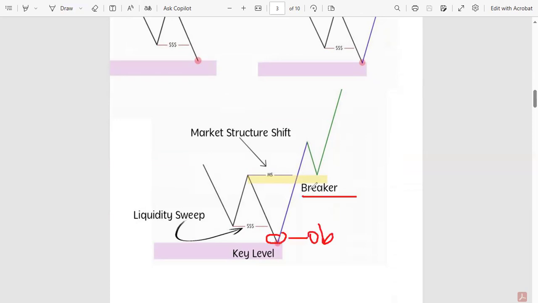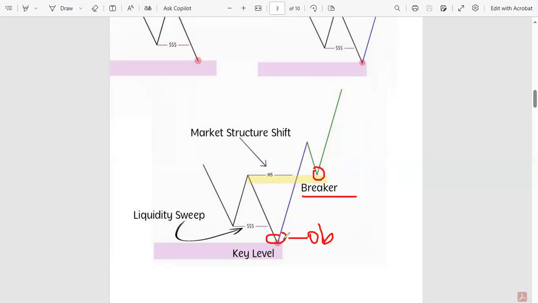So a lot of people are not trusting the breaker block, but they expect price to go to this order block, and you find out that price is not going to respect this order block. After tapping into the breaker block, price goes higher.